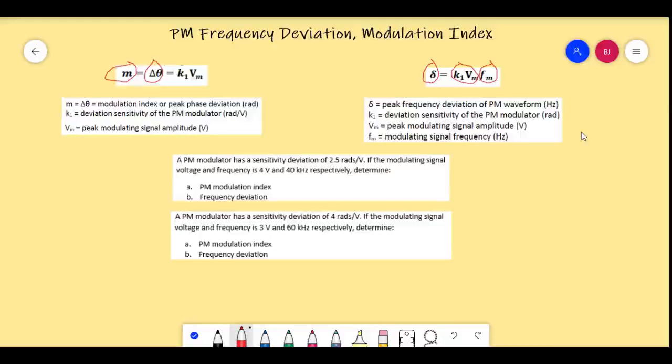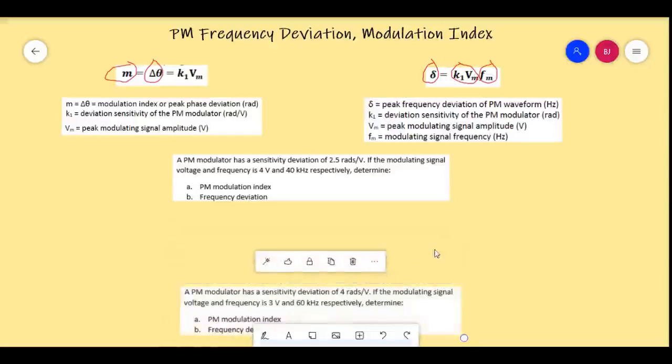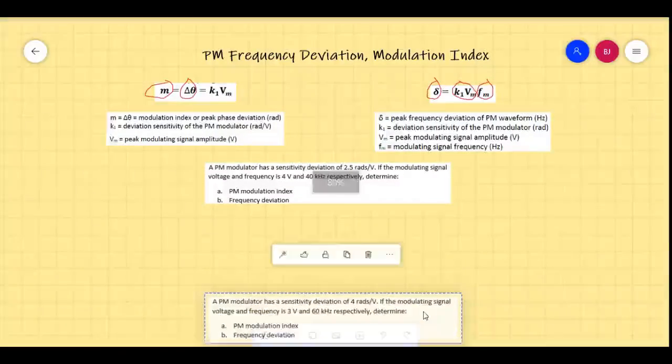Let's take a look at these two examples in which, from the given, we will be able to determine both of these two. So let's just move this a bit downward, our second example.